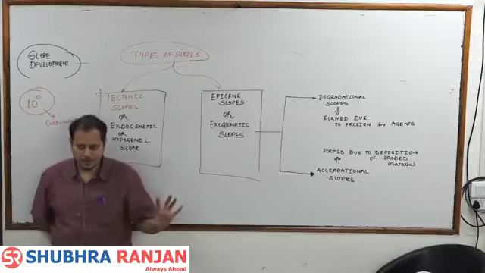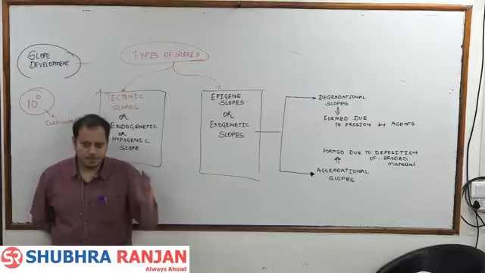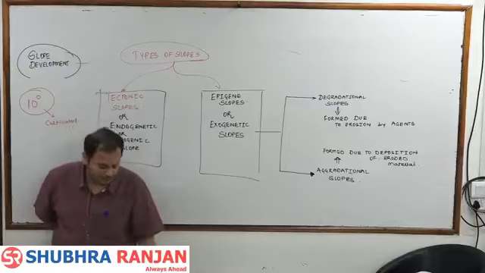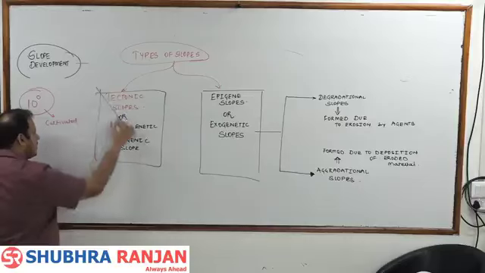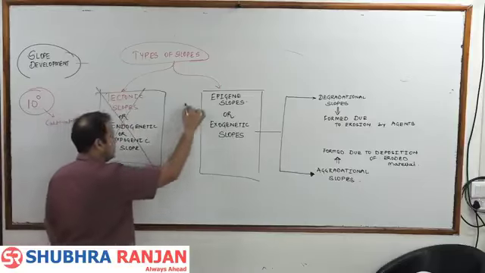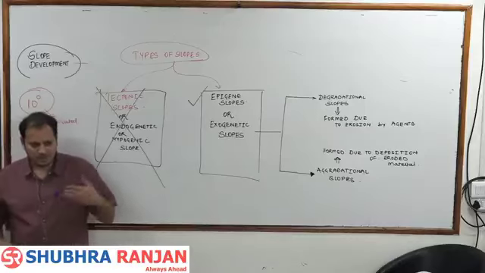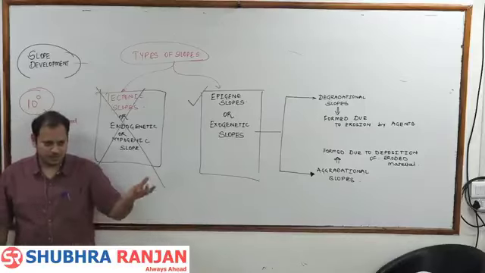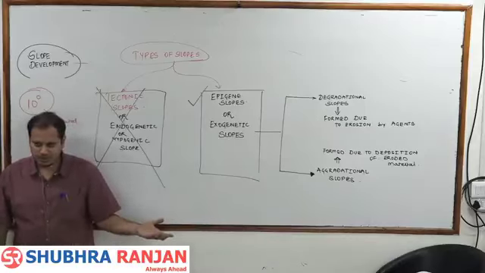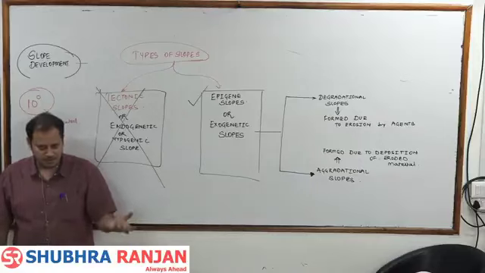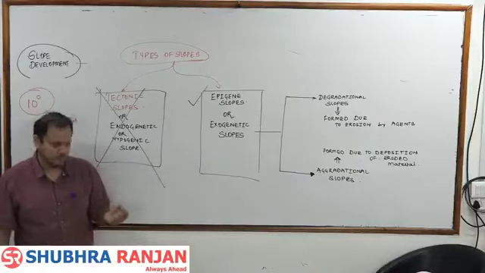Any doubts here? Now look, in slope development we are going to study mostly epigene slopes. Endogenetic slopes we have done: the plate tectonic theory of mountain building, Kober's geosyncline theory. Now we study epigene slopes.